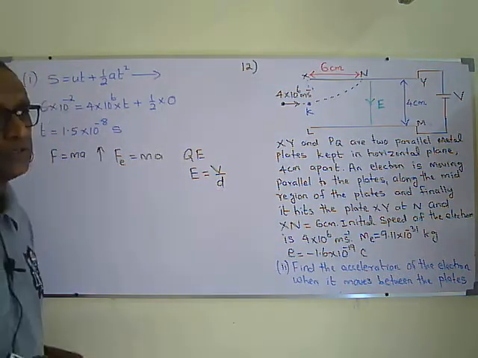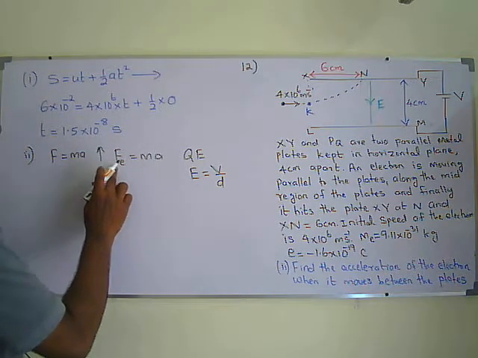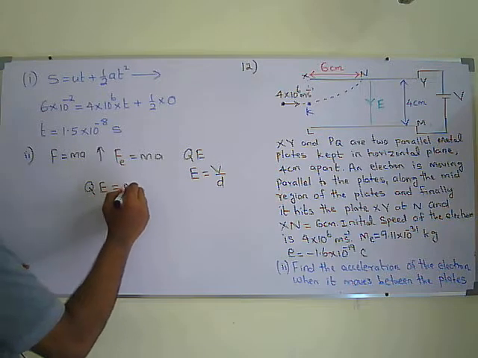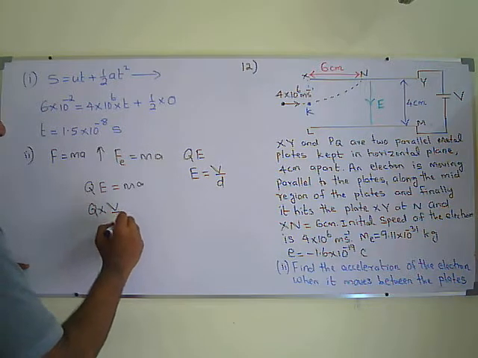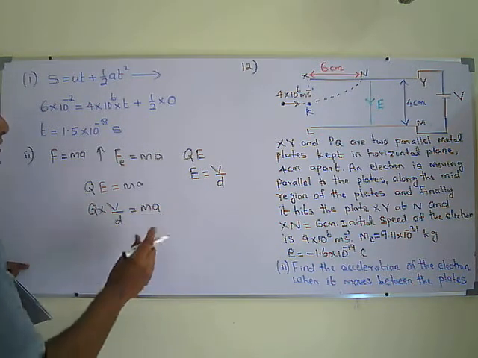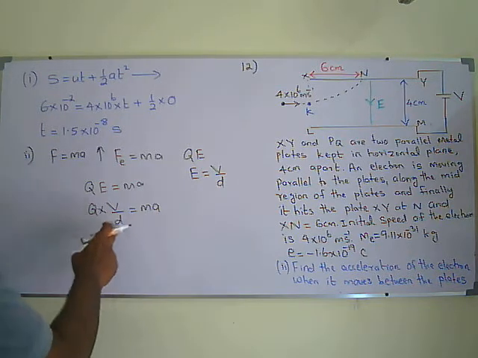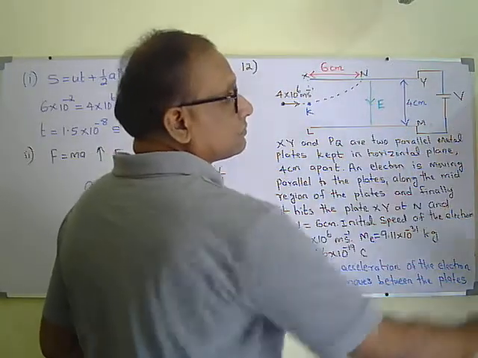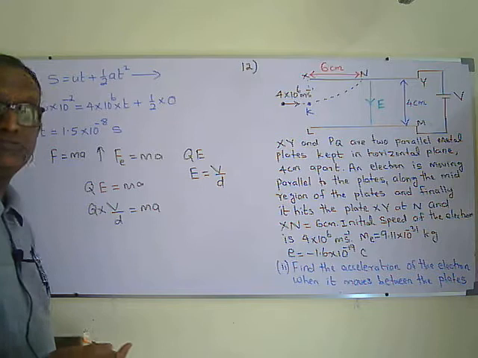Now I am going to be in trouble, because if I try this way, electrostatic force equal QE equal ma, and instead of E, I substitute V over D, Q into V over D equal ma. If I use this method to find the acceleration, I know Q, I know D, I know the mass, but V is not given. So I'll be in trouble. In this equation there are two unknowns, so I won't be able to find the acceleration.